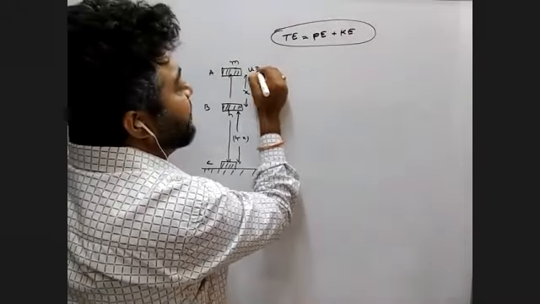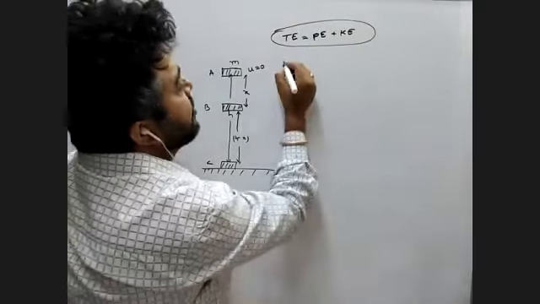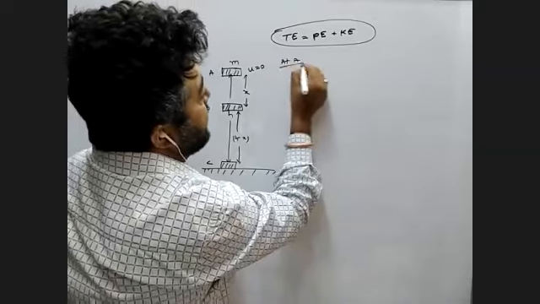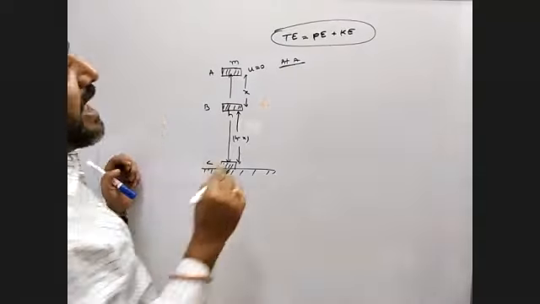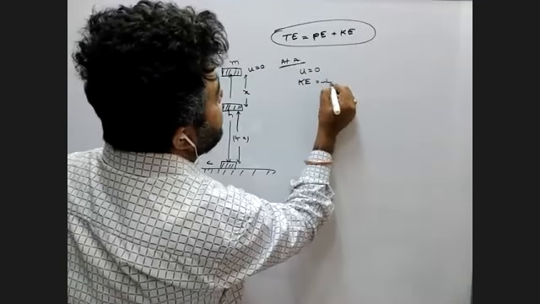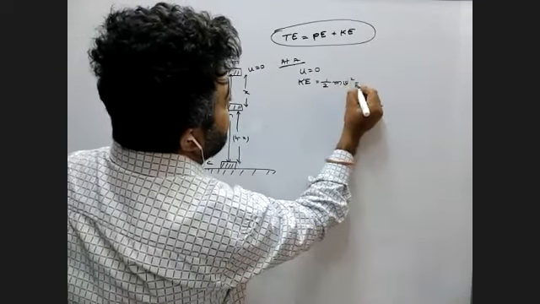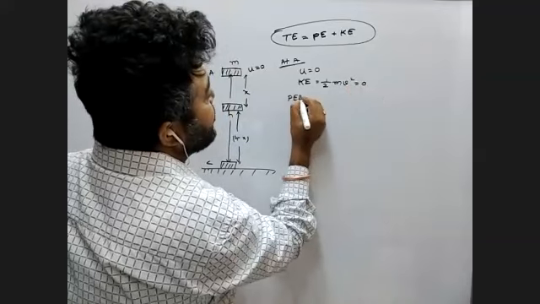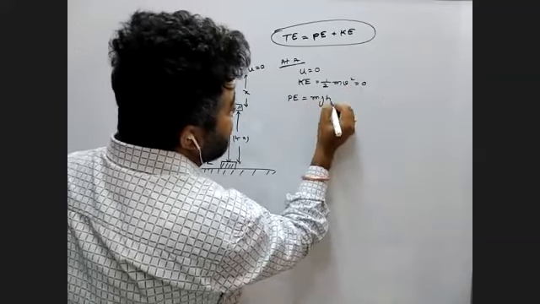Free fall means your initial velocity is 0. So at A, as u is 0, the kinetic energy, half mv square, is 0, and the potential energy is mgh.